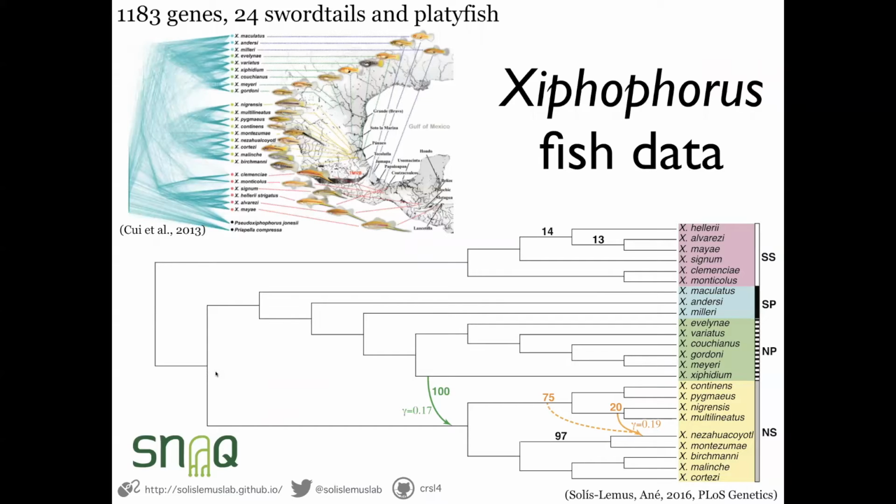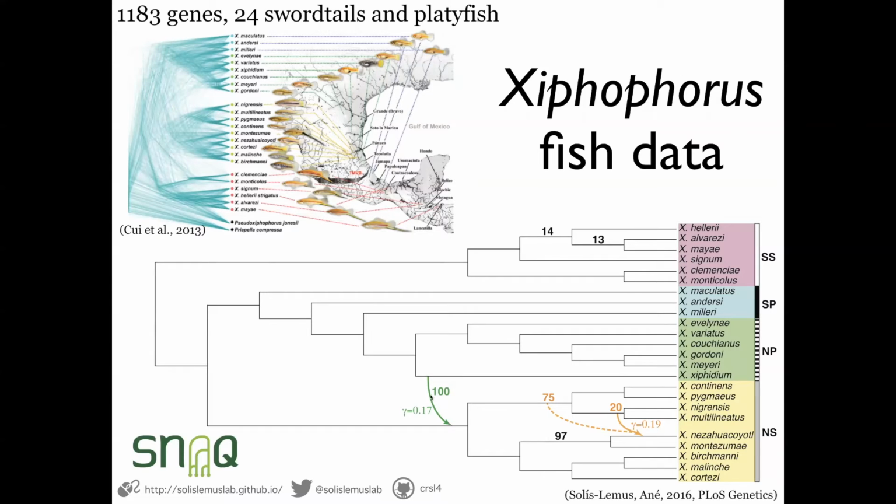We used SNaQ in the paper that we presented to estimate the network of this group of fish that had roughly 1,000 genes and 24 species of fish divided into swordtails and platyfish. There was a lot of gene tree discordance in this group, as we can see here on the upper left part of the slide. With SNaQ, we were able to estimate 2 hybridization events, one in green, one in orange.